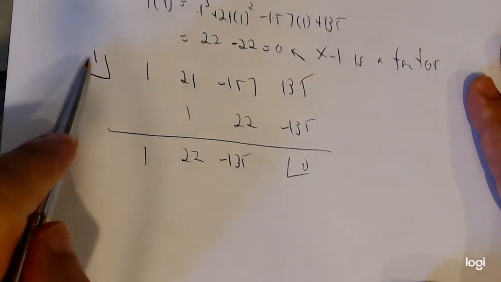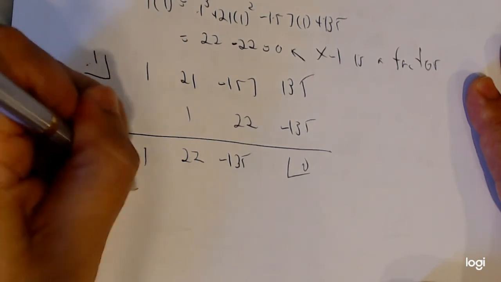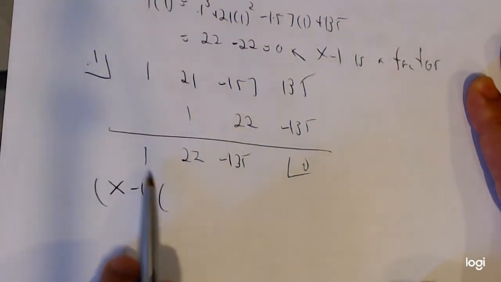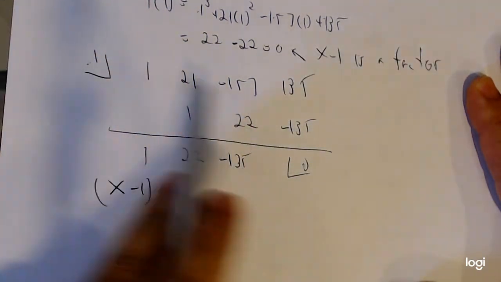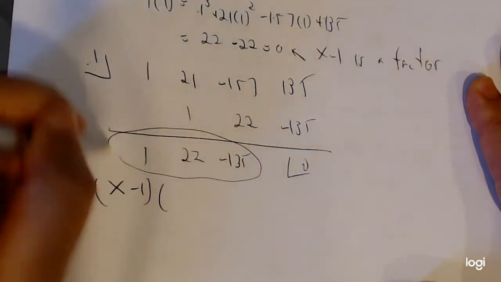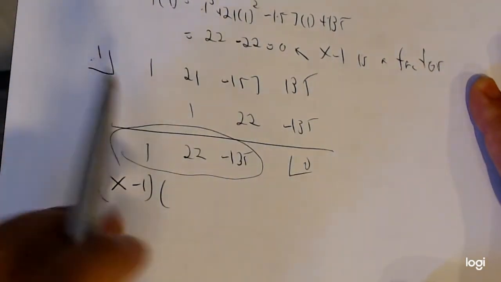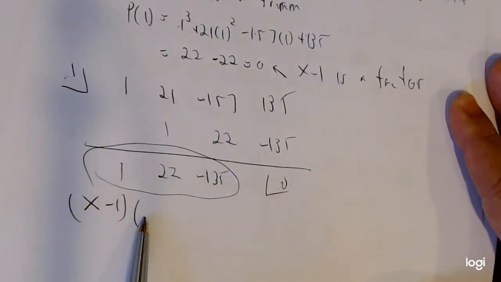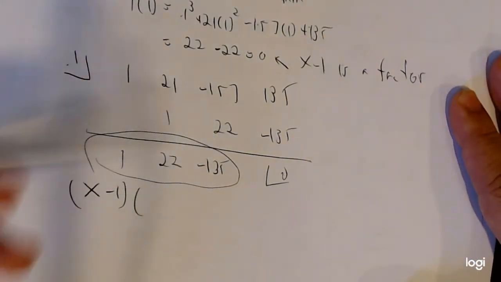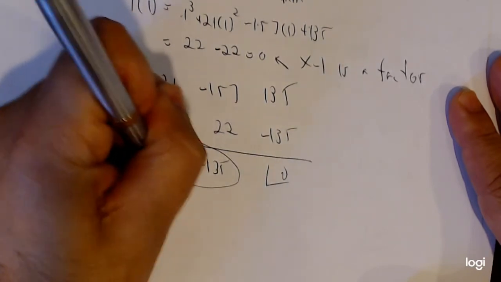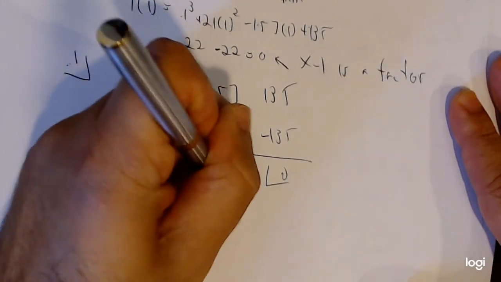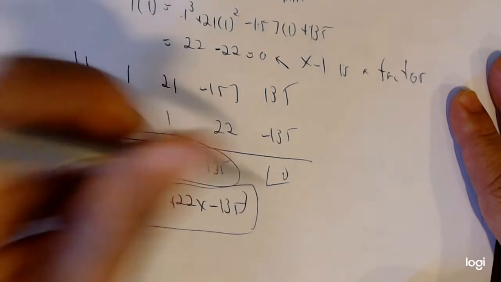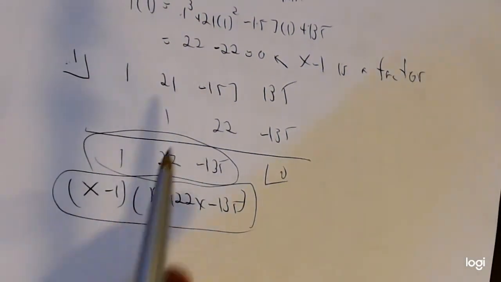We factored out an x minus 1, and it'll become x minus 1 times, and what's the new polynomial I get? It's this guy right here. And remember, the degree is 1 less. So if this was an x cubed, now I factor out an x minus 1, so this is going to be just 1x squared plus 22x minus 135.